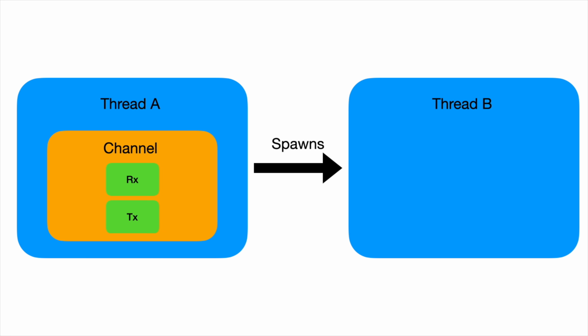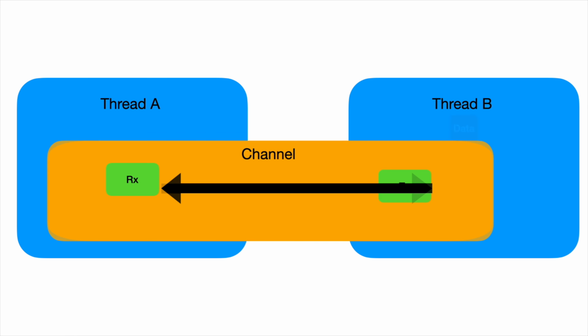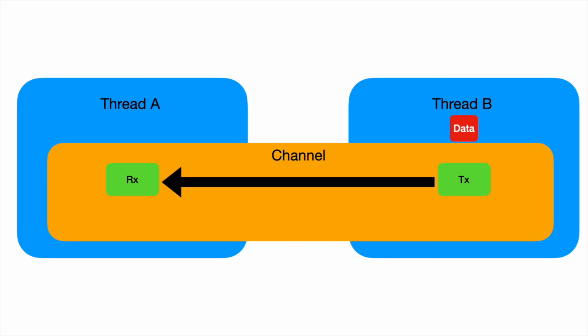And when we spawn this thread, like we did in the last video, we're going to pass ownership of this transmit instance over to thread B. And that's going to allow us to communicate between thread A and thread B, or should I say from thread B to thread A.